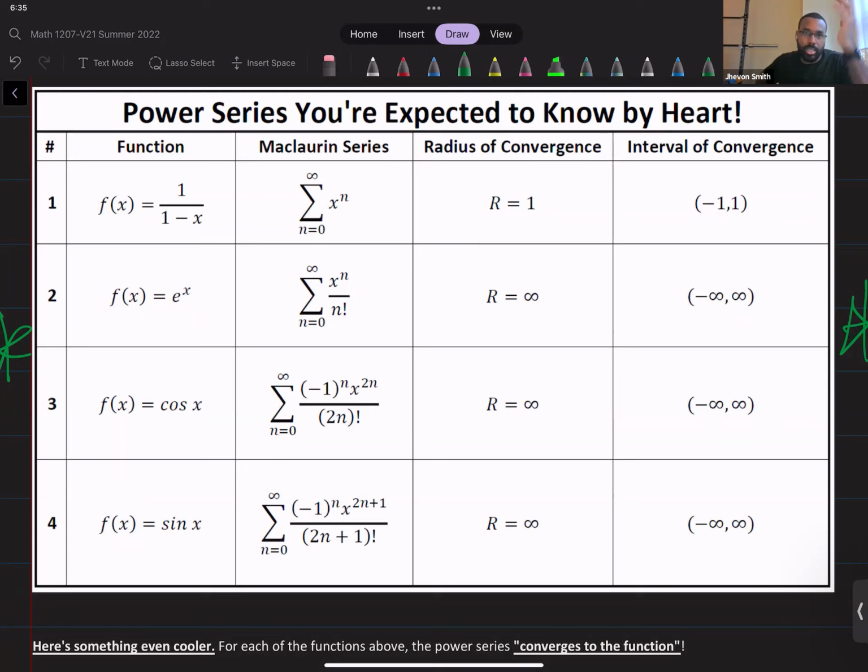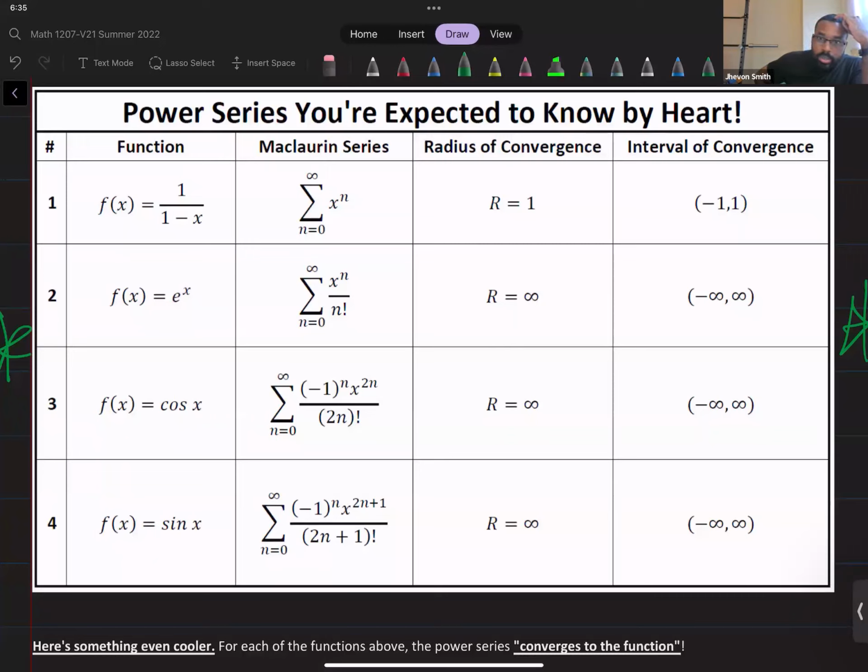The signs will change, but the derivative by the chain rule is always going to coincide with that negative, killing the negative from the power multiplication. And so you'll always end up with 1. We saw that the radius of convergence for that was 1, and the interval of convergence was minus 1 to 1.